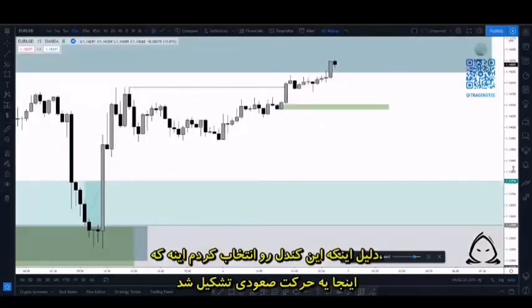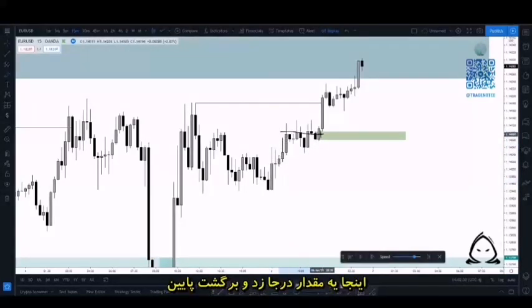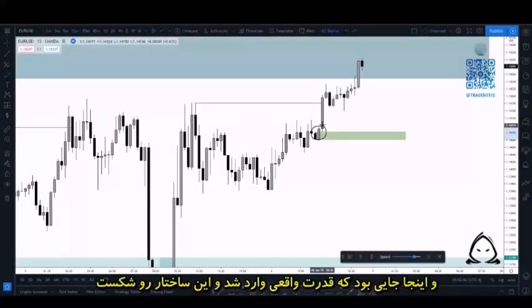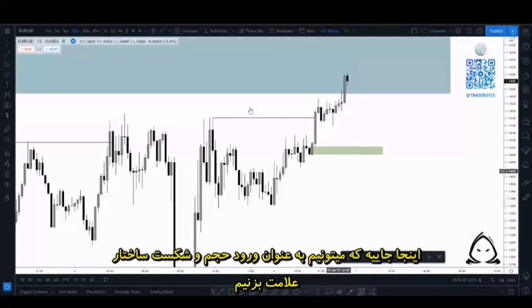The reason I would select this candle is because of the way price action created this move to the upside, and then it more or less just consolidated. It dipped back down and then this is truly when the real momentum was created that broke this bit of structure. So this is what we can denote as a larger influx of volume that was entered into the market to ultimately push structure to the upside.